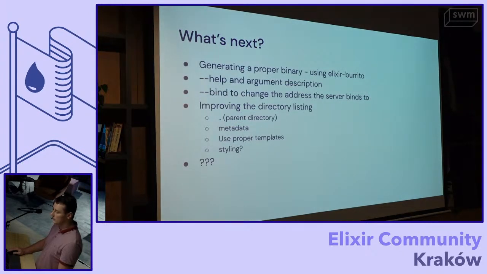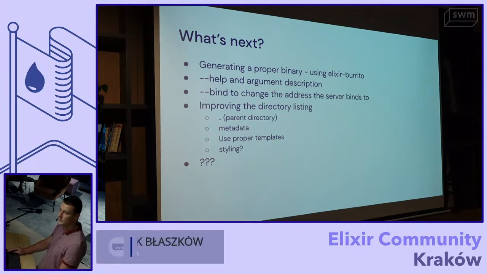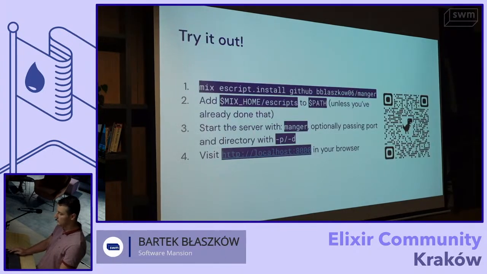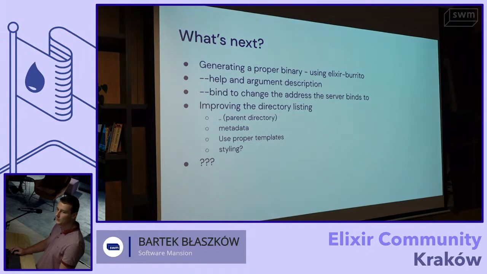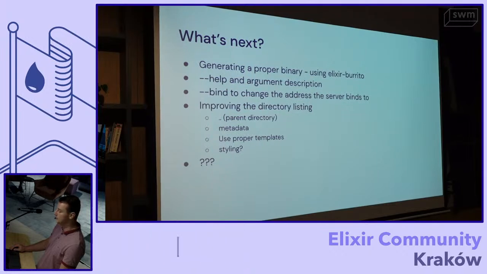What's next? What can be done? What can be improved? My first thought, especially about point number 2, was that it's not perfect either. So the way to go would be to create an actual binary out of this project.